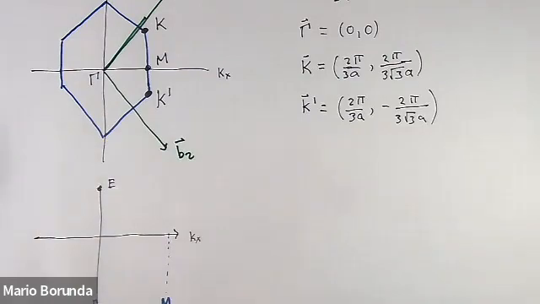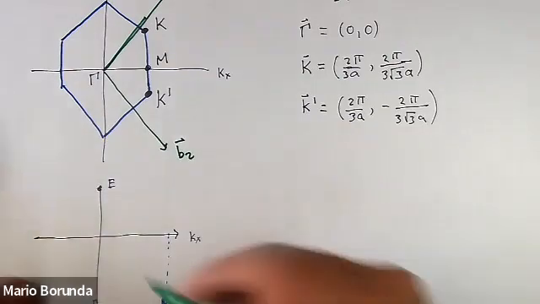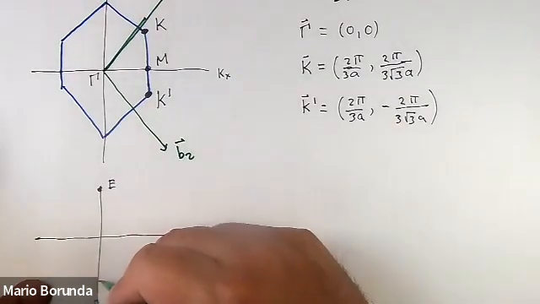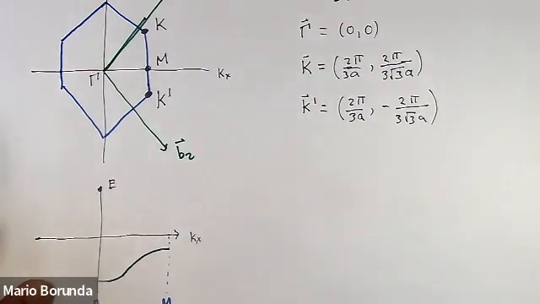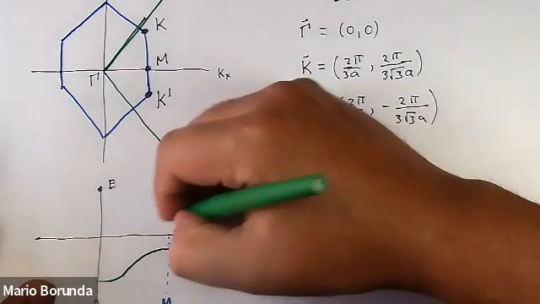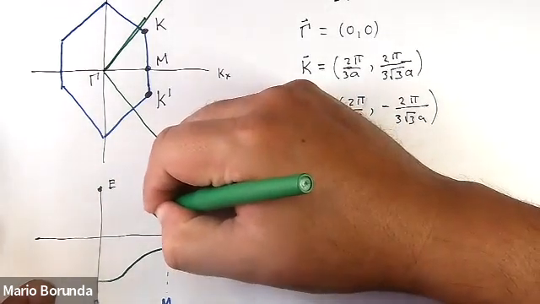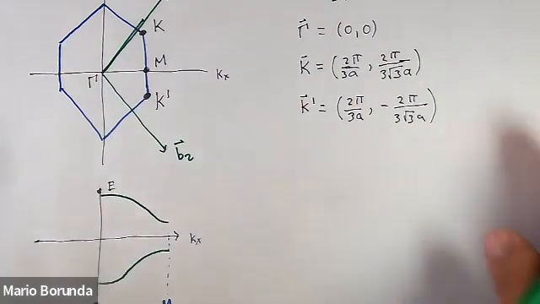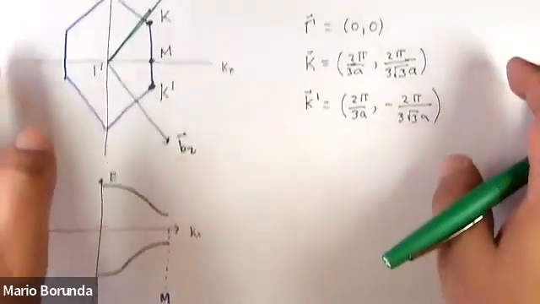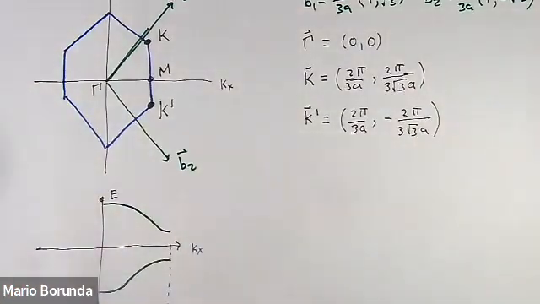If I were to do that, my band would look like this. That's the first band. And then on the top, it would look like that. Okay? Does that make sense? And then this is symmetric, right?